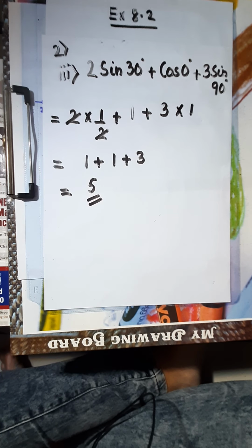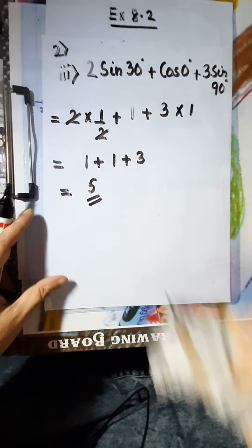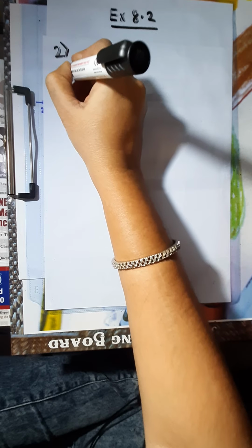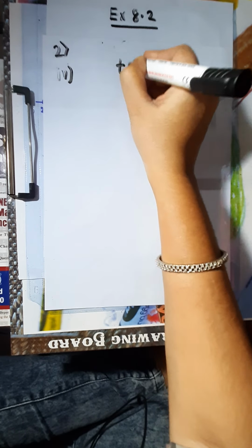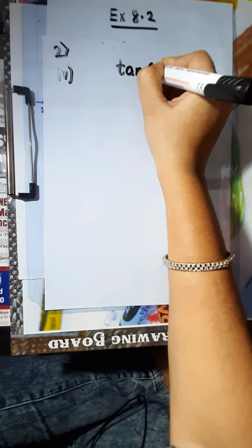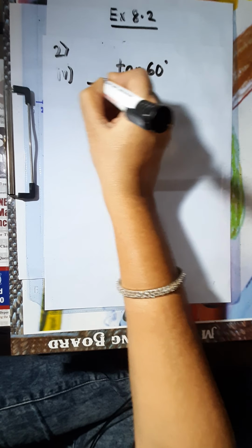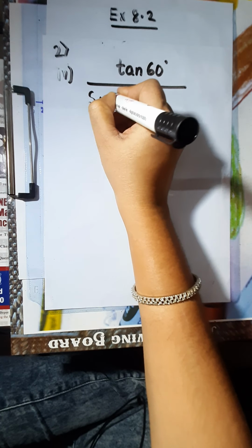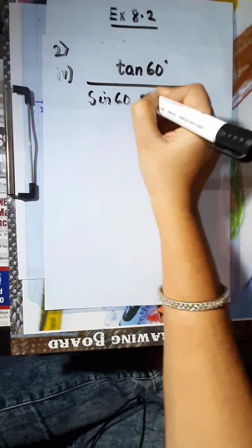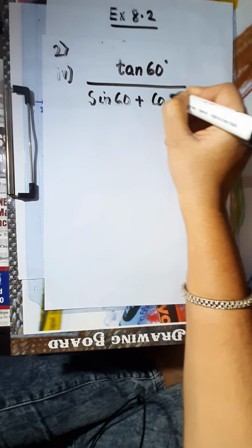Okay. Next question. Now, question number 4. Question number 4: tan 60 upon sine 60 plus cos 60.